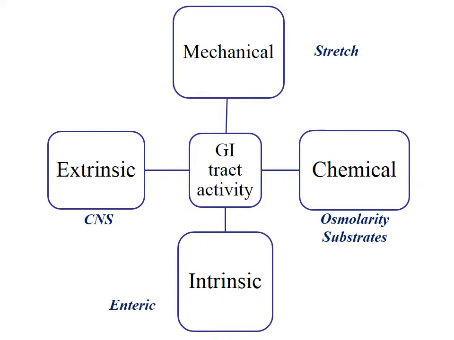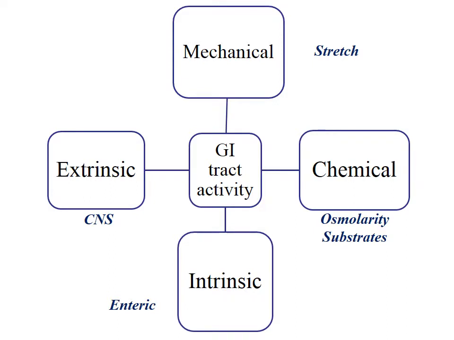Here we see some of that control. There are two forms of stimuli, mechanical and chemical. Mechanical stimuli is usually an organ stretching because foodstuff has entered it. Chemical is exactly what it sounds like. The chemical components, substrate molecules, osmolarity of the foodstuff are detected and stimulate a pathway of some sort.